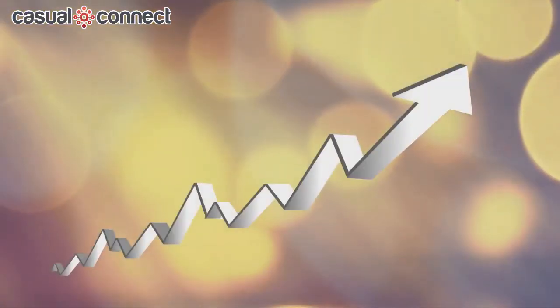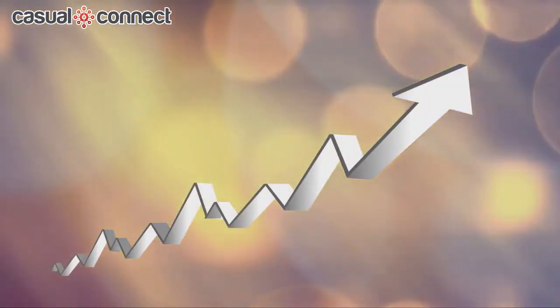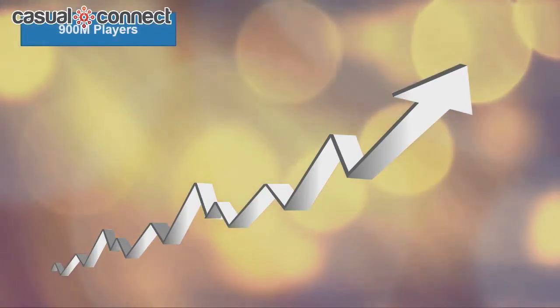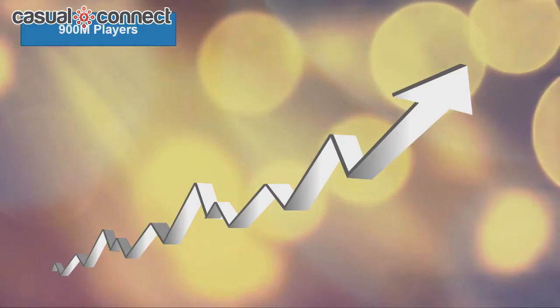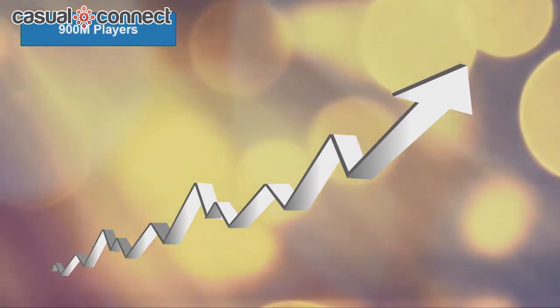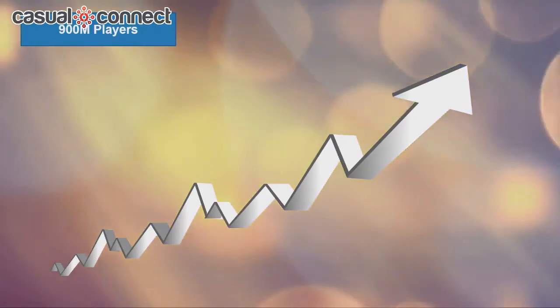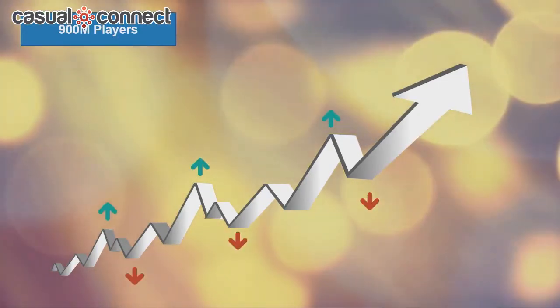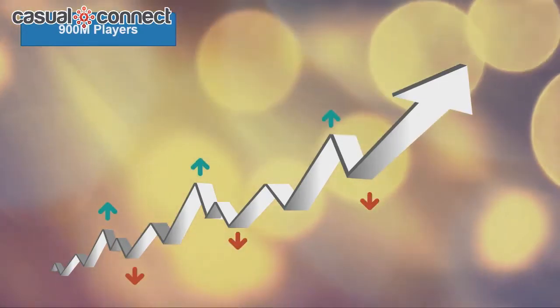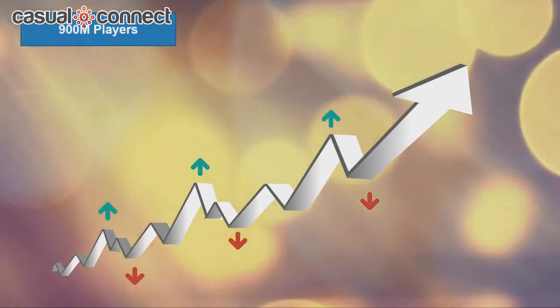So let's start. That's a nice chart, right? More or less what I wanted to show here is that we're close to 1 billion players now that have been through the portfolio of games that use PlayFab. And then there are some arrows that go up and some arrows that go down. So I was wondering, why do we have those that go down?